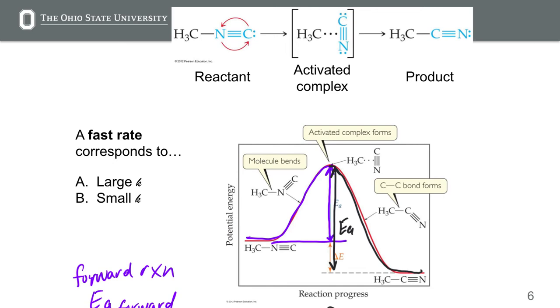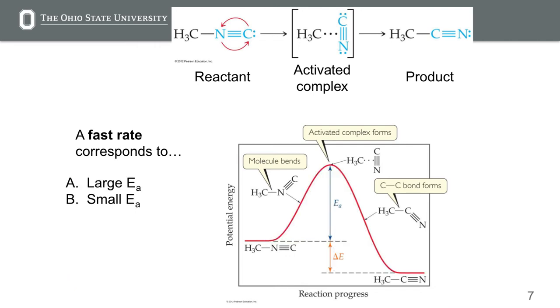Okay. We saw what the magnitude of a rate constant means in terms of rate last time. Does a fast rate correspond to a large rate constant or a small rate constant? Large. Yeah. Okay. So how does that relate to activation energy?